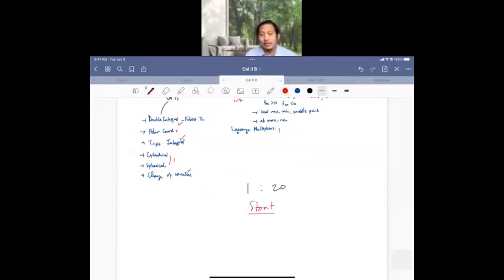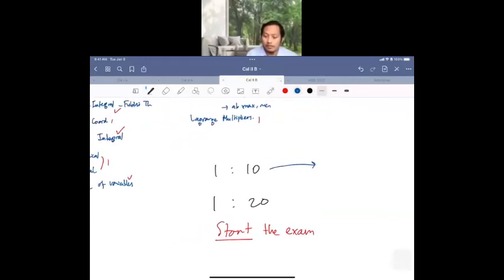Start means start working on the final, start the exam. So I need you to join the meeting at 1:10 at least. If you can join sooner, that's also okay. But if you think it's too early, you could take 1:10. At this 1:10, I will make groups.